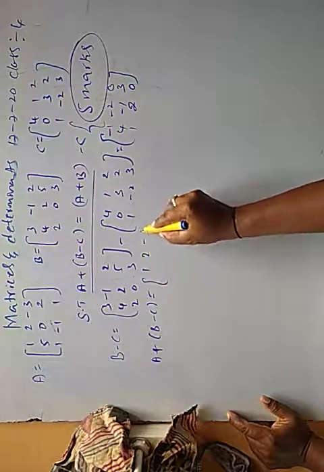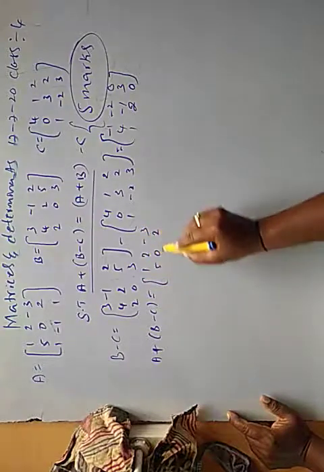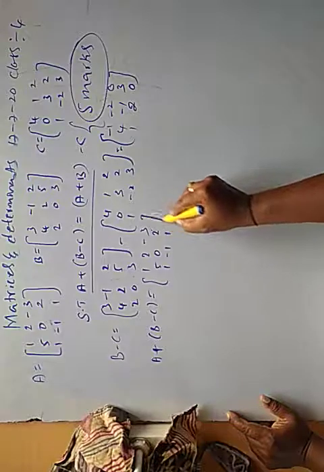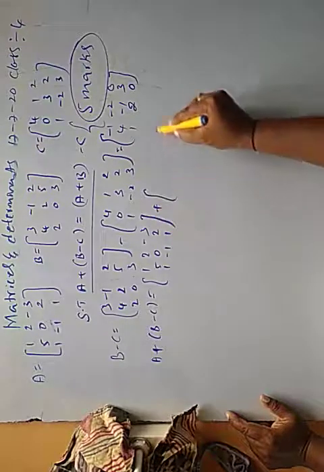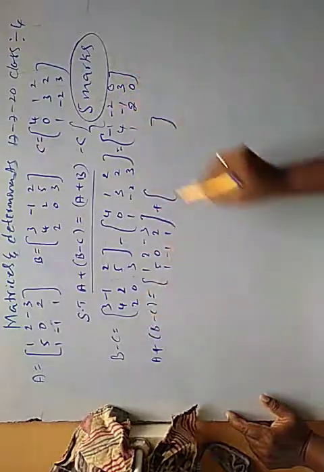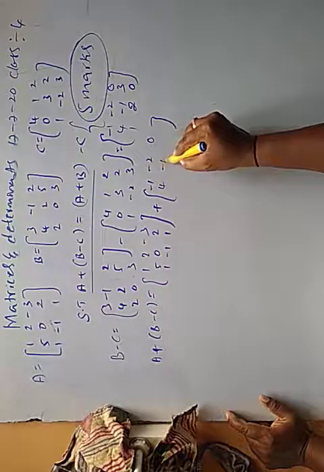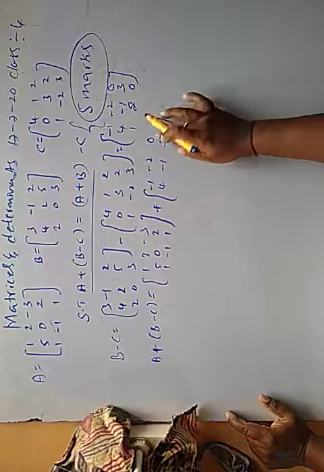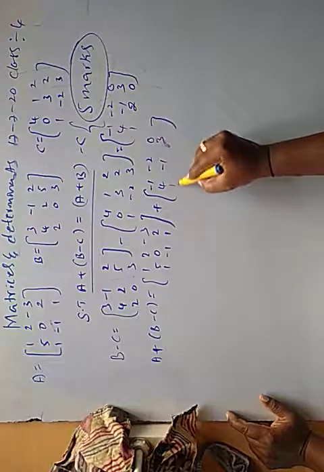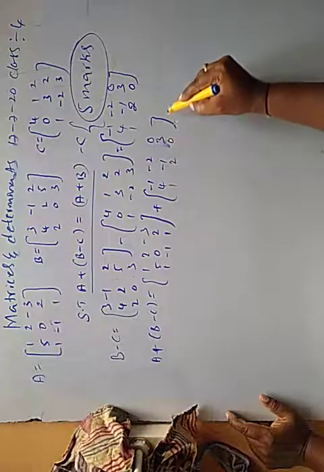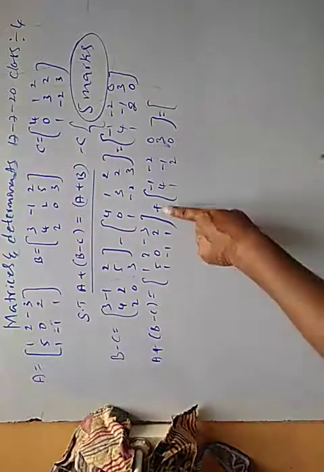What is A? 1, 2, minus 3, 5, 0, 2, 1, minus 1, 1. B minus C we are finding: minus 1, minus 1, 0, 4, minus 1, 3, 1, 2, 0. What is the symbol?